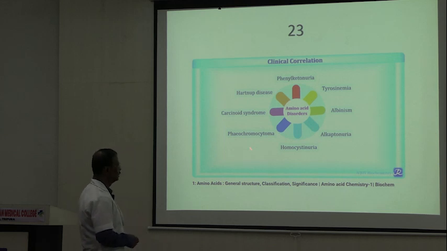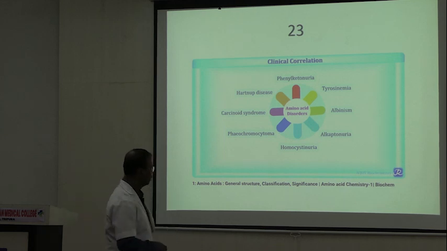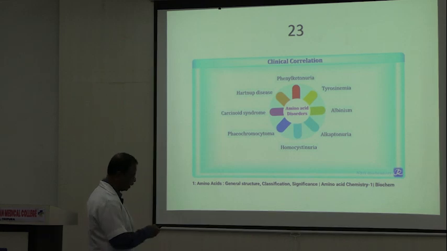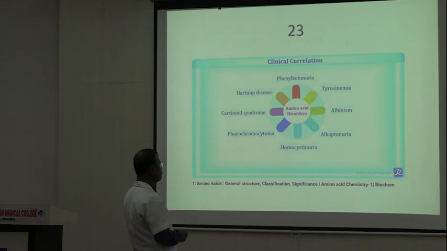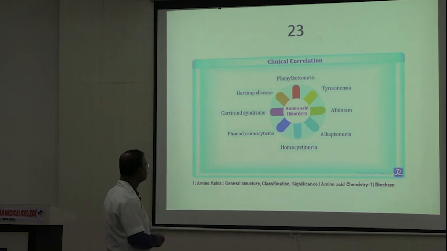This we will discuss during amino acid metabolism. But if I tell now, you won't understand how it happens. Later on, we will discuss it in the metabolic chapter when we read metabolism of amino acids.